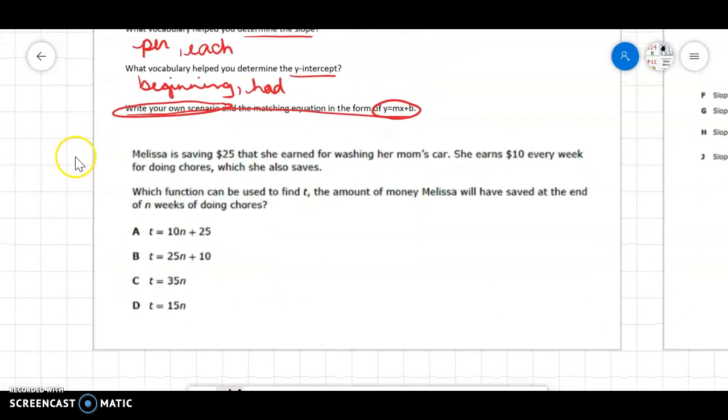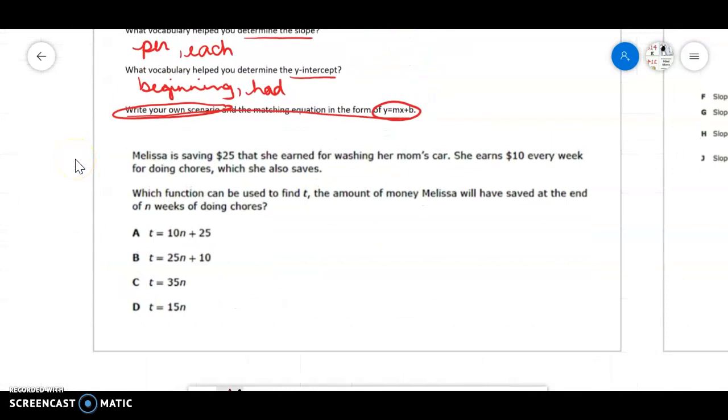On lesson 3, we kind of put it all together. So Melissa is saving $25 that she earned for washing her mom's car. So this is our B, and then she earns $10 every week. So this is our M. So remember, it's y equals mx plus b. Now they did tell us to use T for the money that she has saved at the end of n weeks.